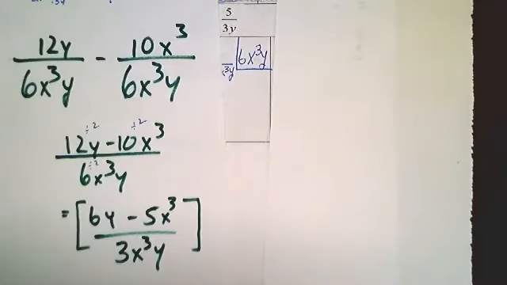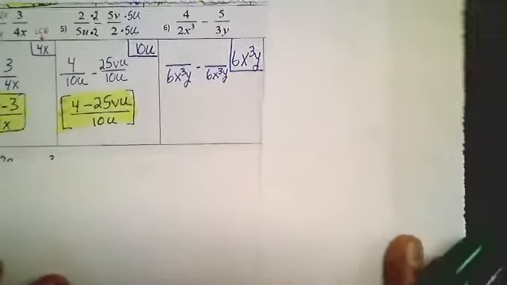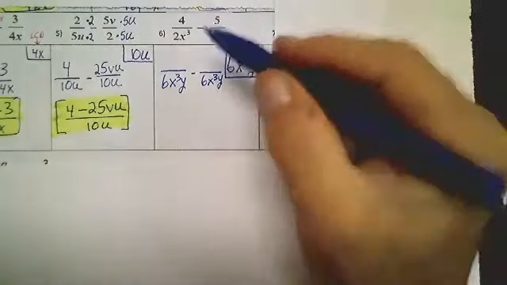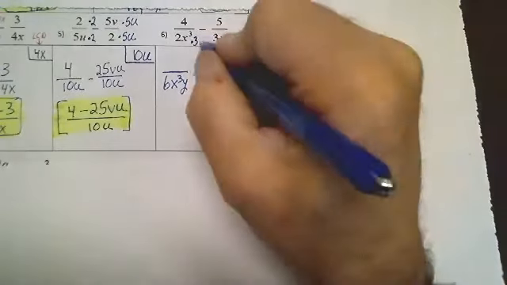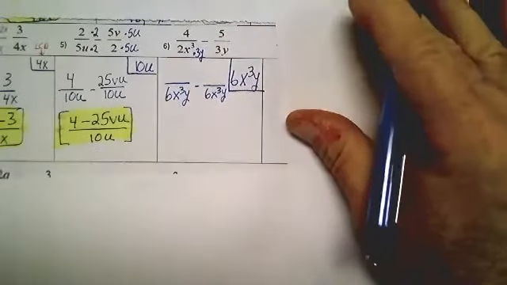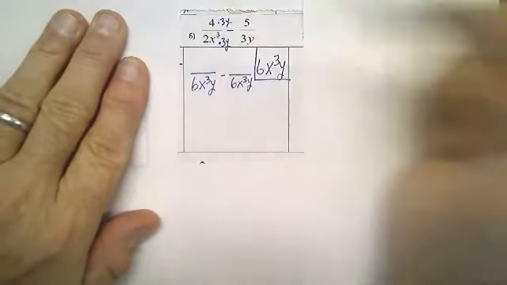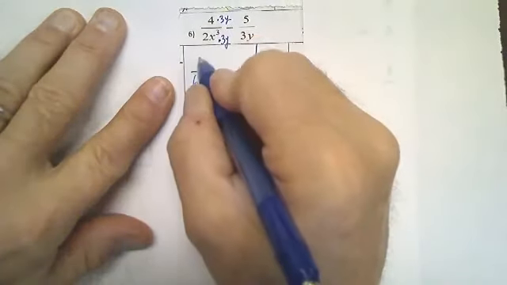Okay. Here we go. I'm going to show you all because I didn't get 100% participation. I got about 6 kids walked up here. Check it out. 2 times 3, I'm going to multiply this by 3y. See that right there? 3y. So I multiply this by 3y. 4 times 3 is 12. 12y.